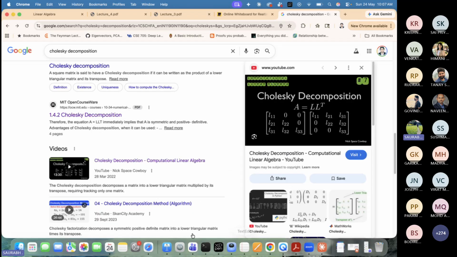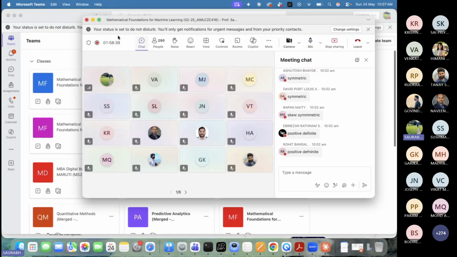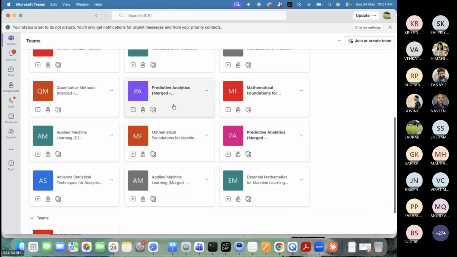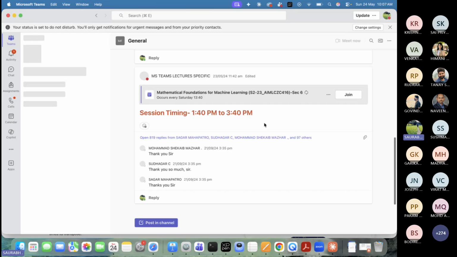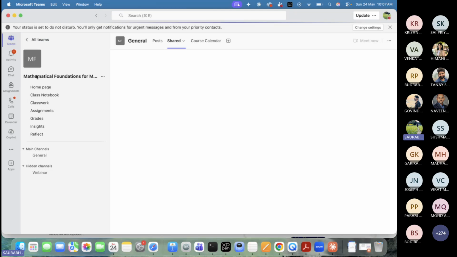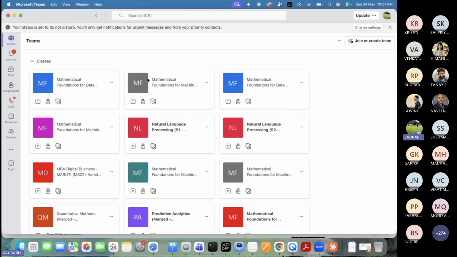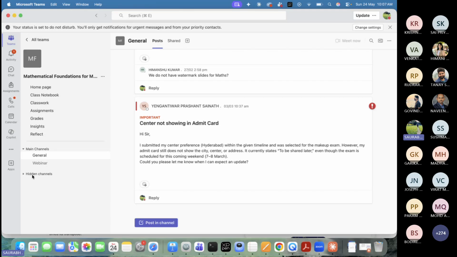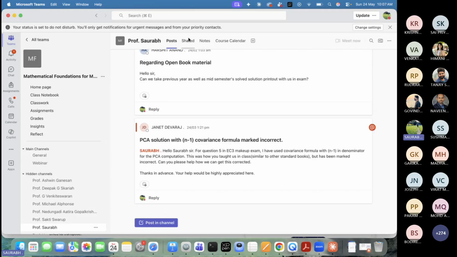Or let me go to my documents. So I think I have explained it better. Mathematical foundations, not here. Mathematical foundations, hidden channels, shared.